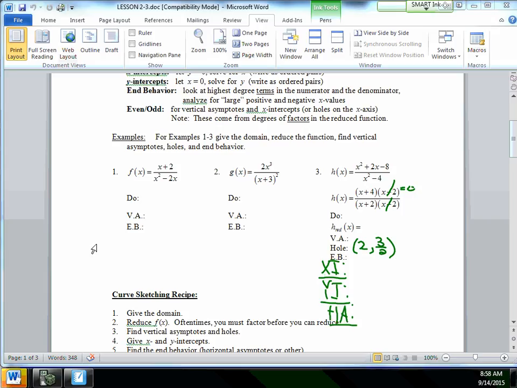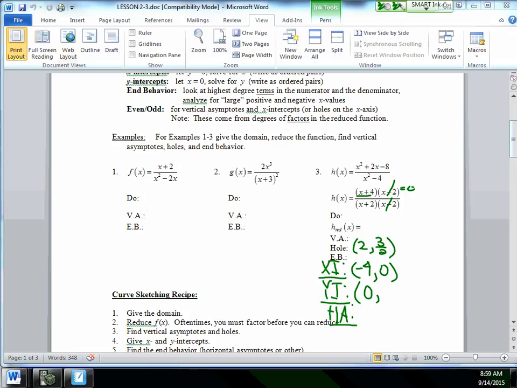Okay, now let's find our x-intercepts and y-intercepts. Once again, x-intercept being that y equals 0. We're looking at the reduced form because I don't want to catch that hole and call it an x-intercept. So the only thing that's left up in the numerator is x plus 4. Set that equal to 0, I get negative 4. Y-intercept now, x is 0.